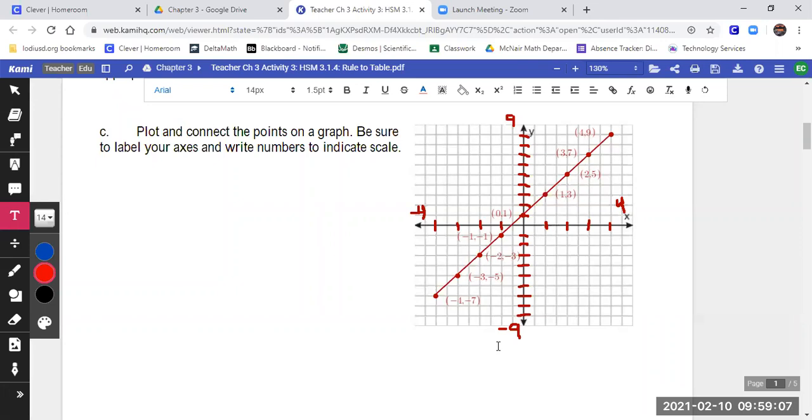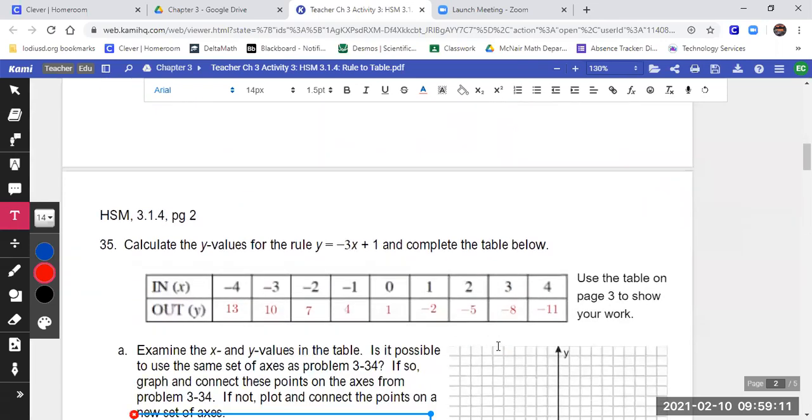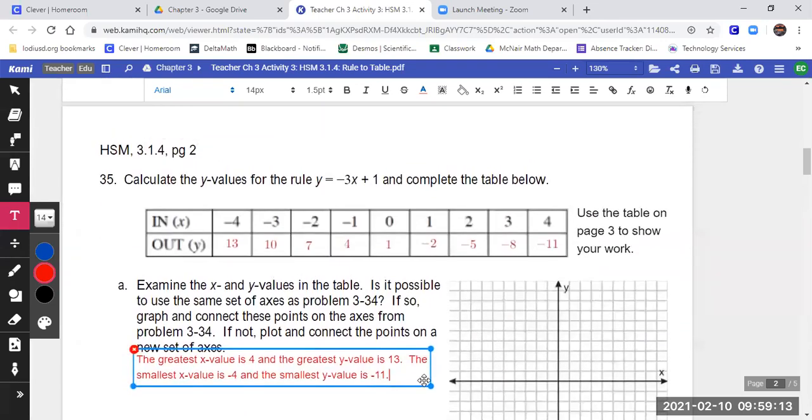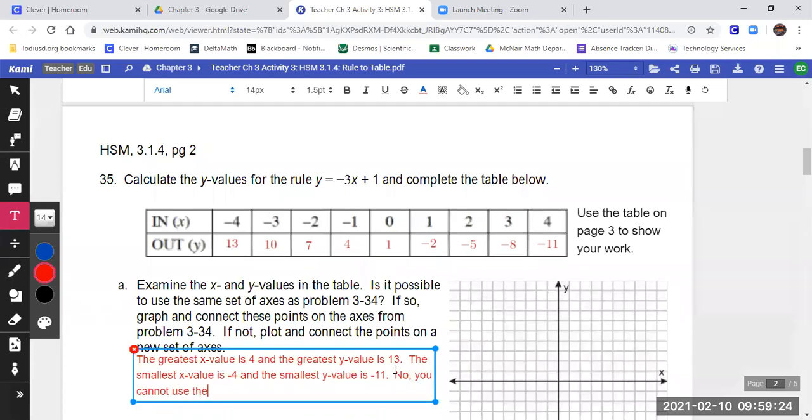No. So could we do the second equation on this same graph? No. Okay. So is it possible to use the same set of axes? No, you cannot use the same set of axes because the Y values are larger.